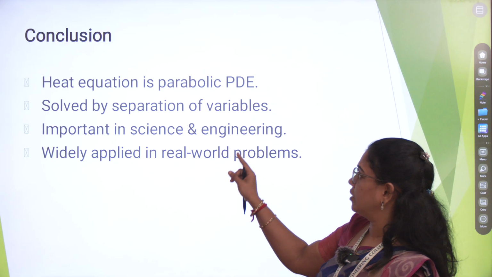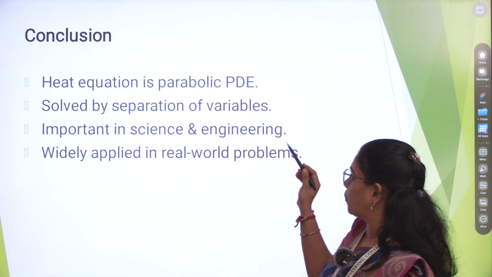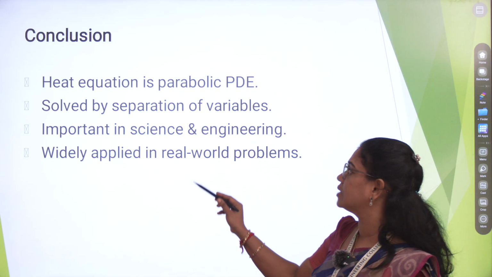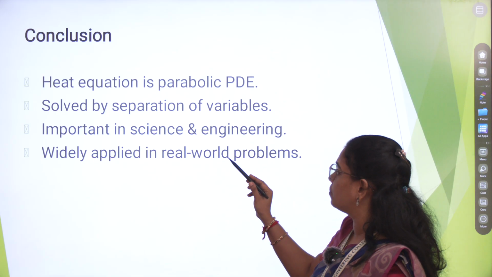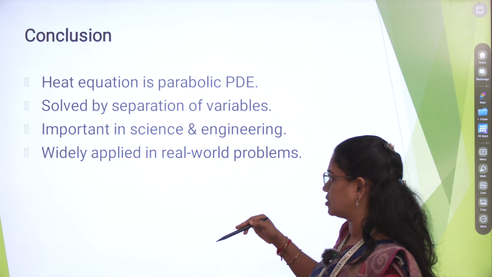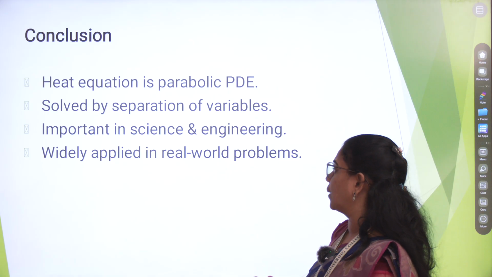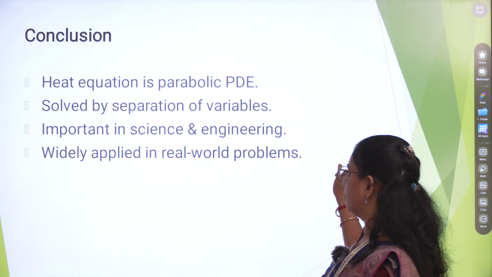Conclusion: the heat equation is a parabolic partial differential equation, also known as the parabolic equation, solved by separation of variables. It is important in science and engineering, widely applied in real world problems.